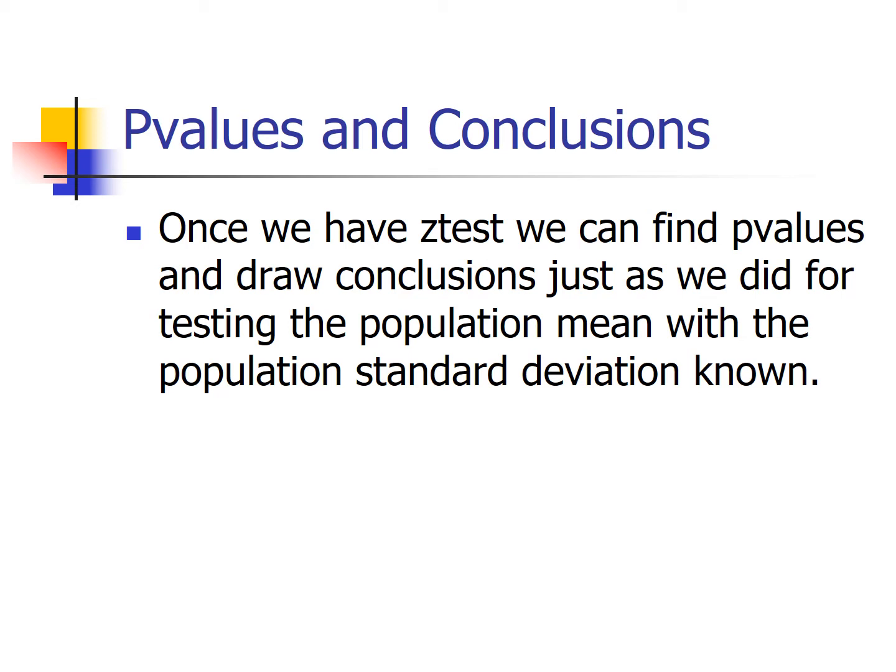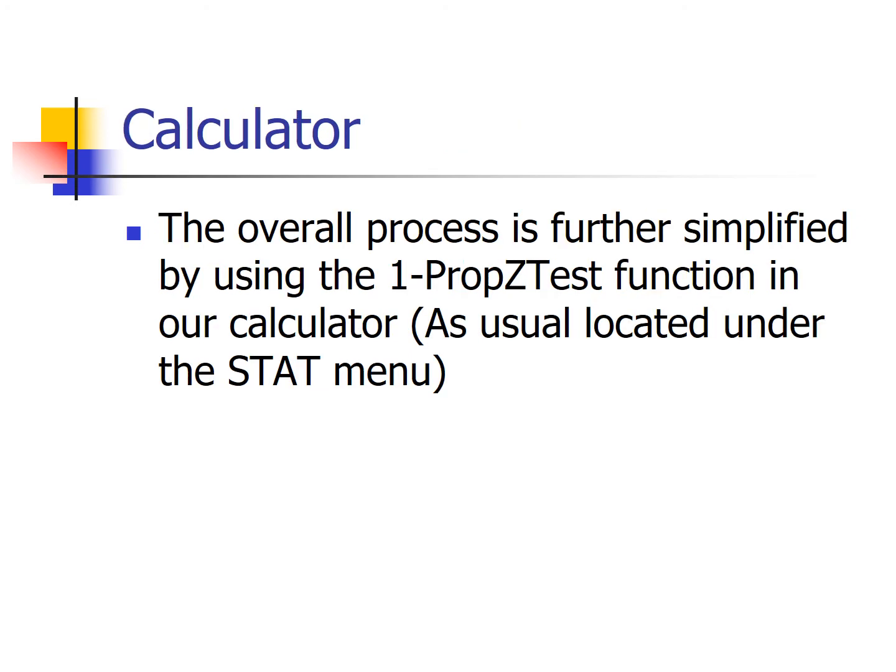Once we have our test statistic, we calculate p-values in the exact same way that we did in our large sample z-test, and we draw our conclusions in the exact same way by comparing p-values to significance levels. We can do this in our calculator, not surprisingly, by hitting the Stat button, going over to Tests, and selecting 1-PropZTest, because it's a z-test, it has a z test statistic, and it involves just a single proportion.